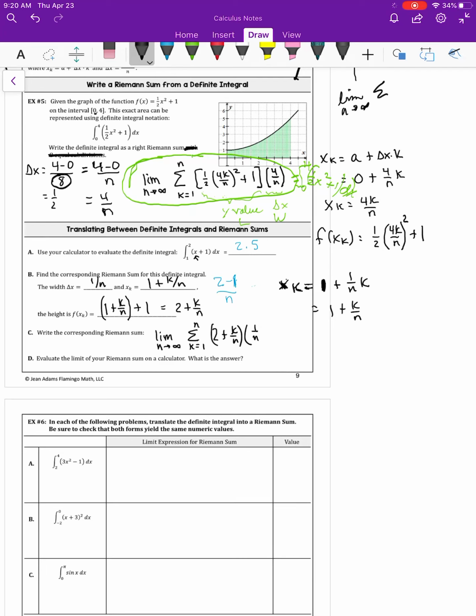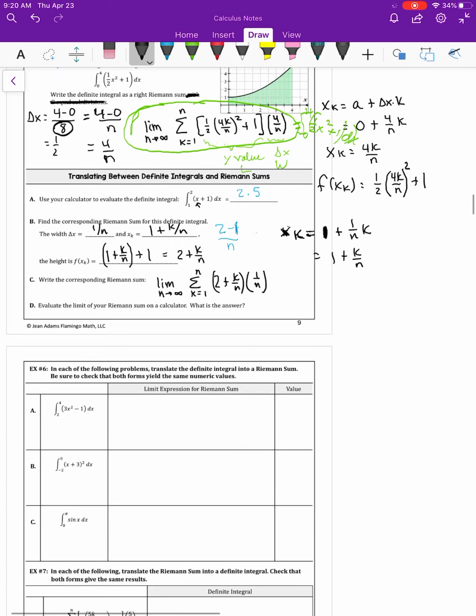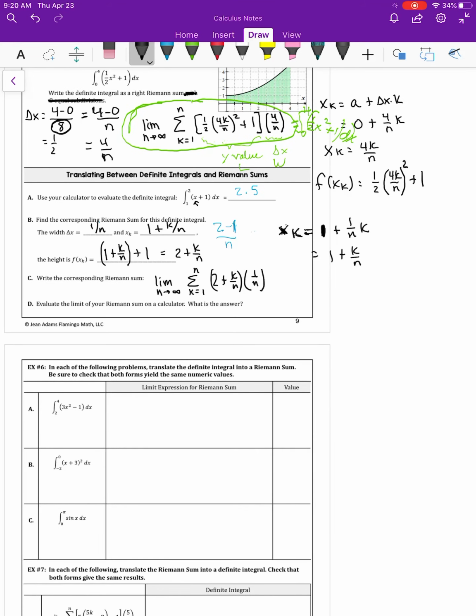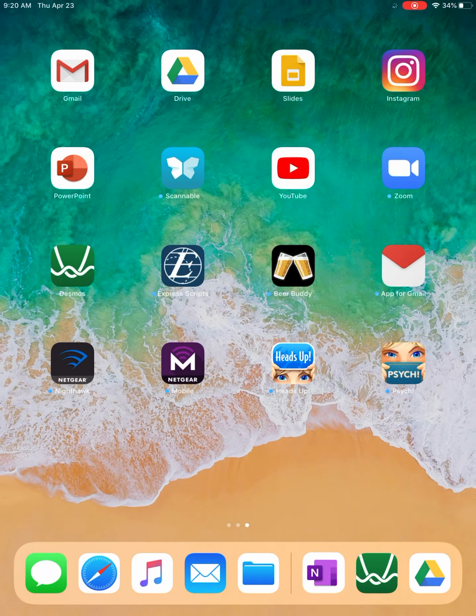We've got our limit as n goes to infinity, summation, k equals 1 to n, of f of x sub k times delta x. So that would be our corresponding Riemann sum.